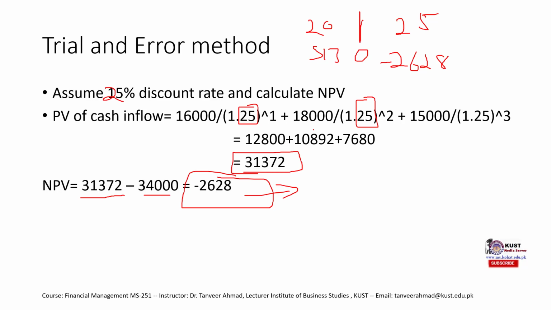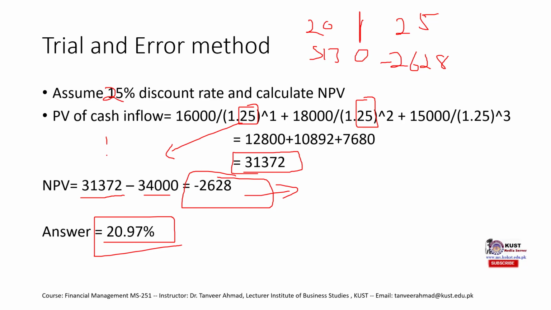So I had tried different values and I get the answer of 20.97. So at 20.97, if we take the discount rate of 20.97, this would be 1.2097. Again, all these values would be replaced. If you want to try, you can try it.